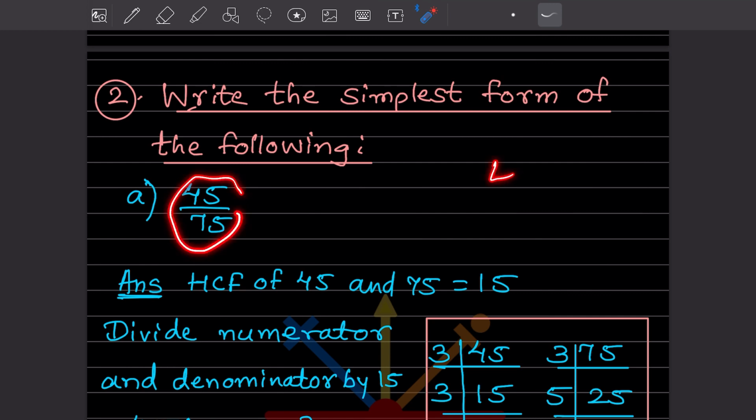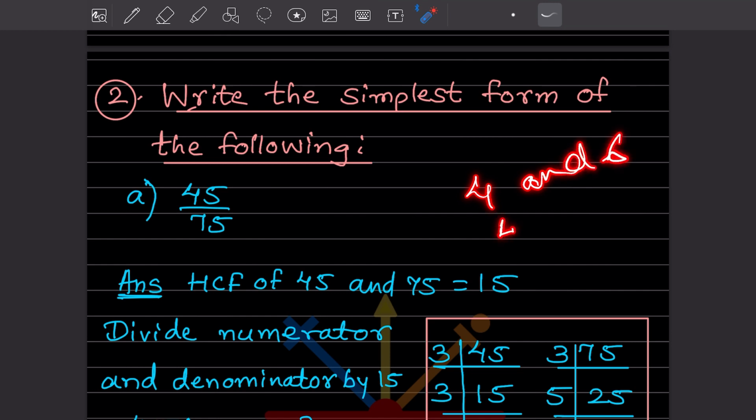For LCM, whenever there are two numbers, suppose I ask for the LCM of 4 and 6. We take the factors of 4, that will be 2 into 2, and then the factors of 6, 2 into 3. In both, we are going to see the common ones.